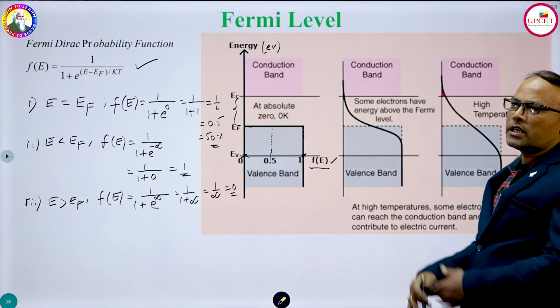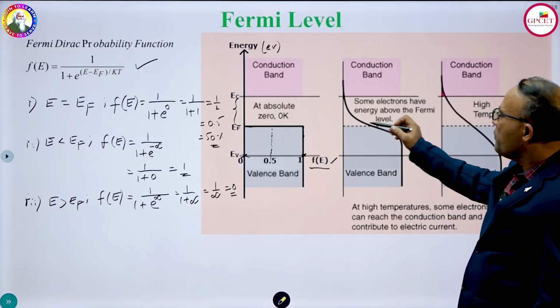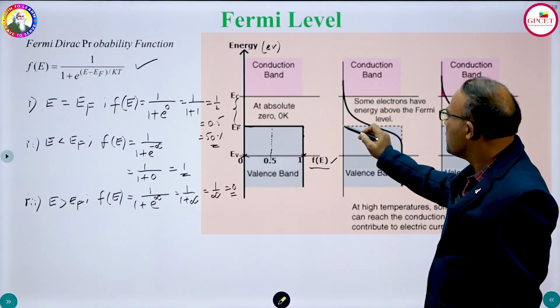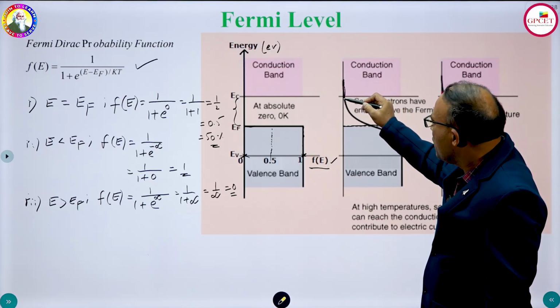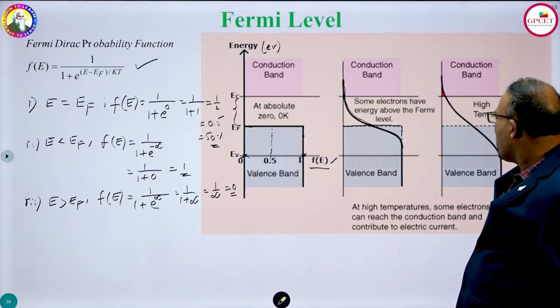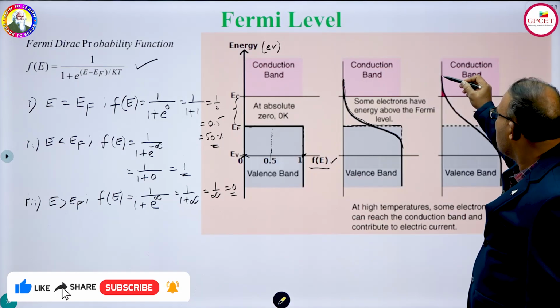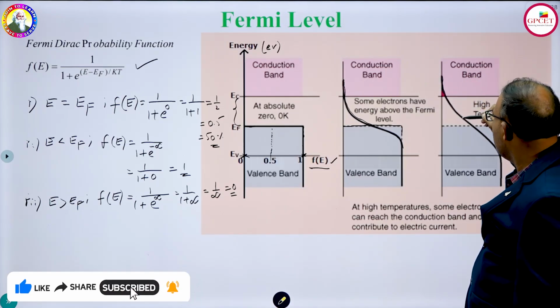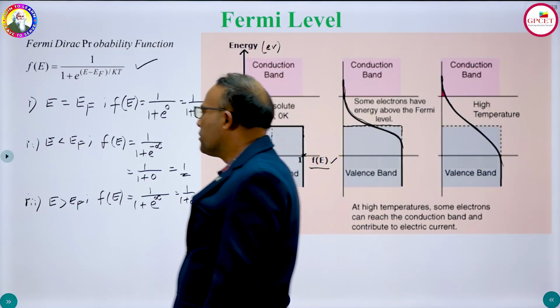If the temperature rises, the graph, which was originally like this, goes like this, so the occupied energy states increase. And if the temperature increases again to a higher temperature, the occupied energy states are still more than in the previous case.